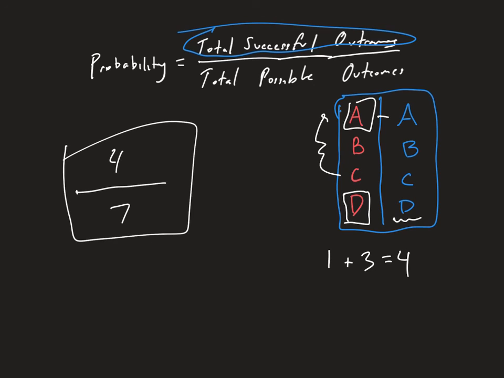We can choose a red A and a blue A, or a red A and a red B, a red A and a red C, or a red A and a red D. So it's sort of symmetry. For every letter that we choose first, whether it's red or blue, A, B, C, or D, it's always going to be 4/7, which means the total probability is just going to remain 4/7 because of symmetry.